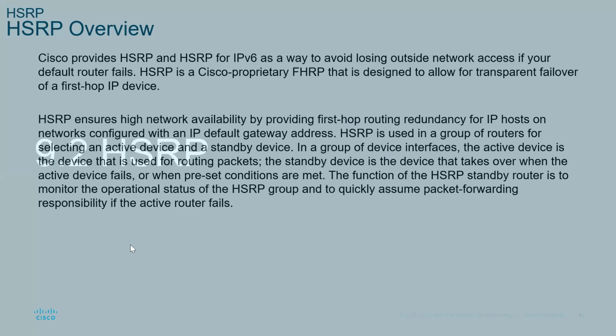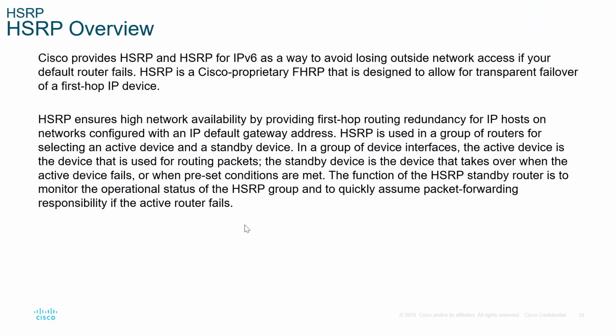Now we go to the HSRP overview. So the Hot Standby Router Protocol, I think we've touched on this a little bit. It's a Cisco proprietary one. It makes use of a virtual IP to provide first hop redundancy. It makes use of active and standby mode, meaning we have an active router and we have a standby router.